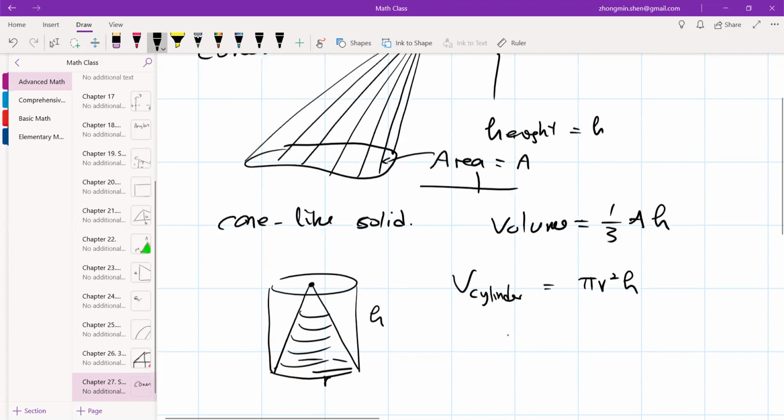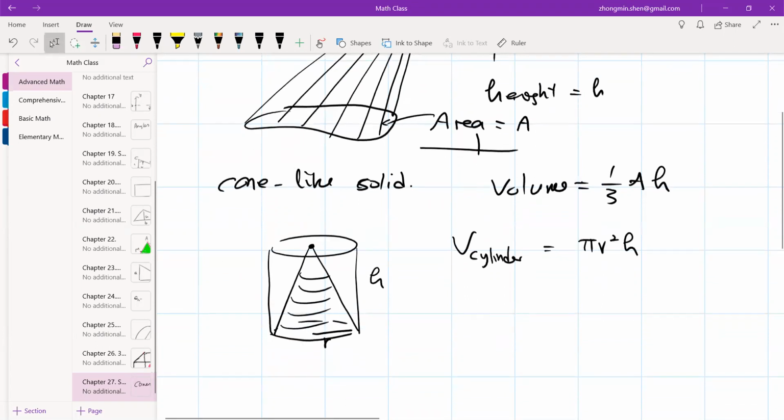But for the cone, it is going to be base area times height divided by 3. So the cone only occupies 1/3 of the volume of the cylinder.